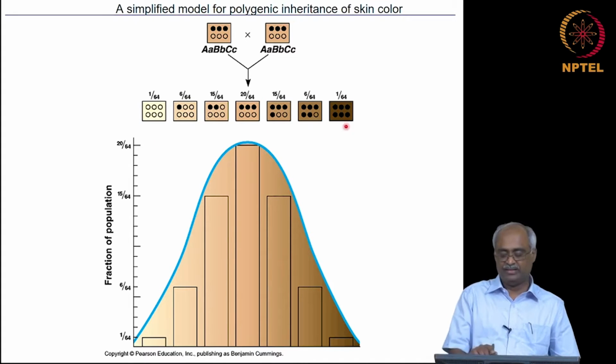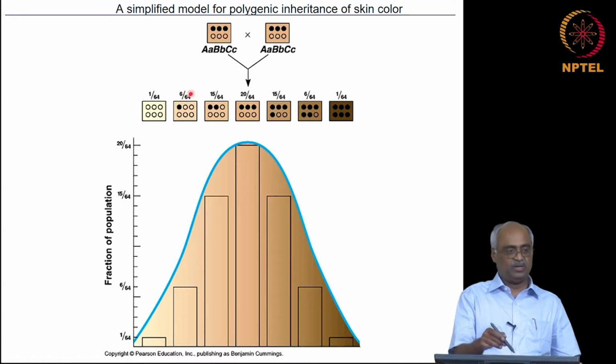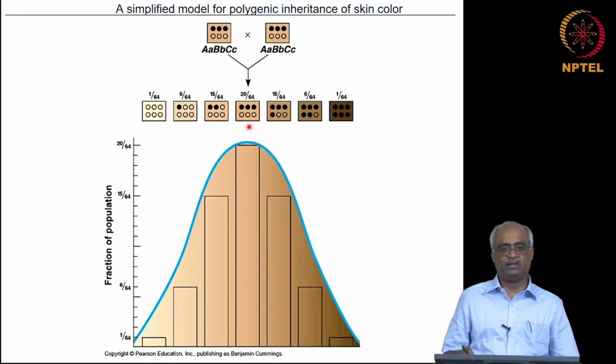Then you will get these many combinations of genotypes: 1/64th will be completely recessive, and the other extreme again is 1/64th completely dominant, and in between these many combinations. So, what is the contribution of a given allele of a gene in combination with another allele of another gene and so on? You get variations in the color.